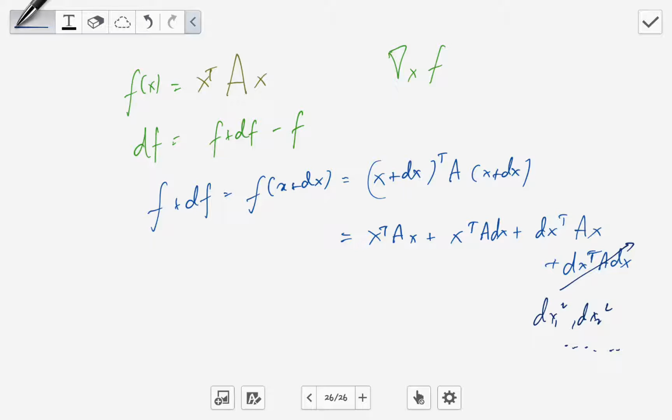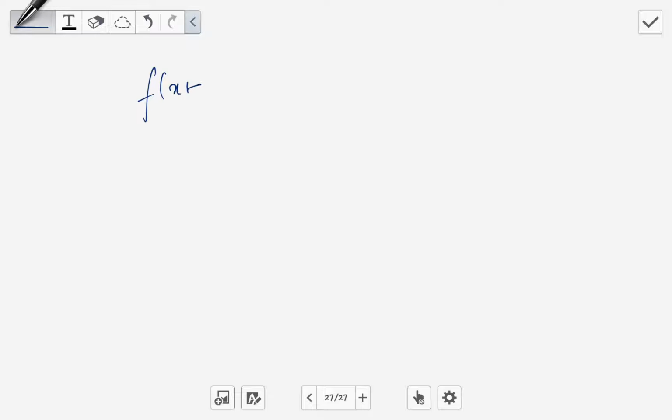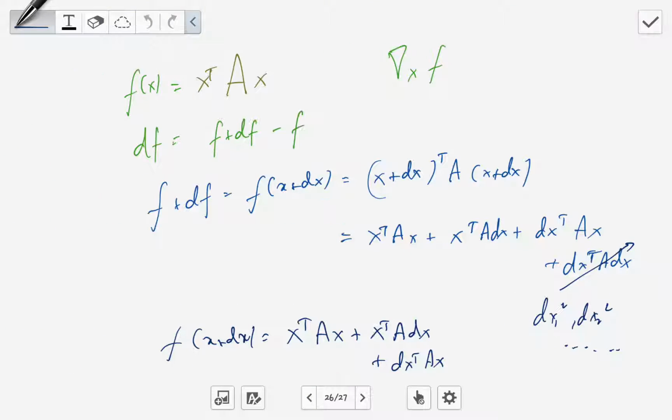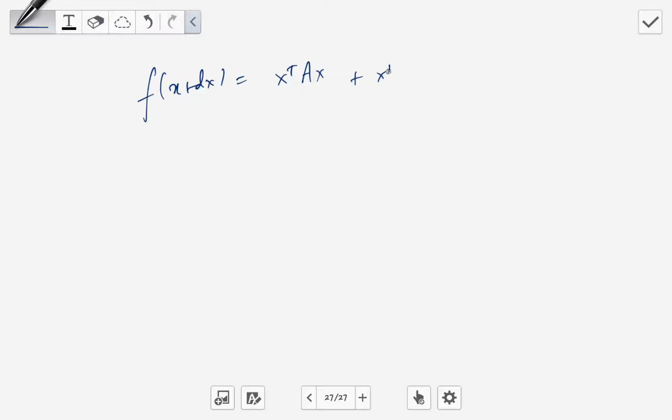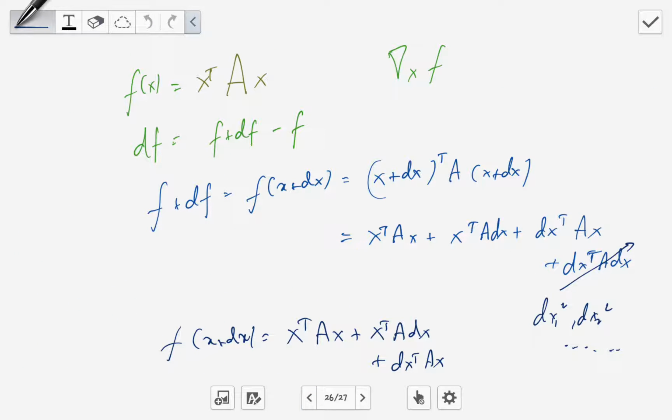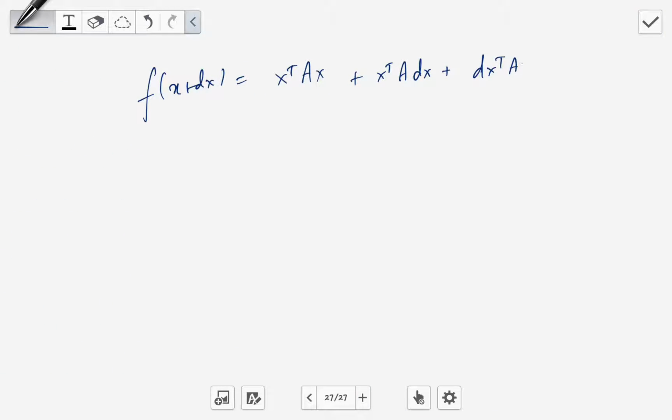So your f of x plus dx becomes x transpose Ax plus x transpose A dx plus dx transpose Ax. Let me write it again. f of x plus dx is x transpose Ax plus x transpose A dx plus dx transpose Ax.